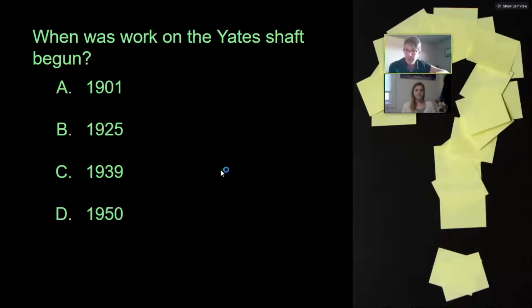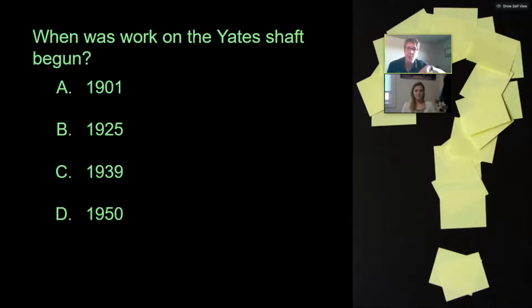So the cage itself goes down into the Yates shaft, and the process actually, I was learning about this as I was preparing for this session. Did you know that they don't actually create a shaft from the top down? In my head, that's what I thought, it seems like you would just start digging a hole and then bring up the stuff, but that is not how the Yates shaft was created.